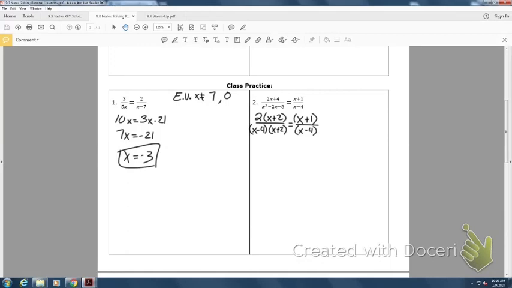Okay. Jeremy, what would my excluded values be on this one? 4 and -2.